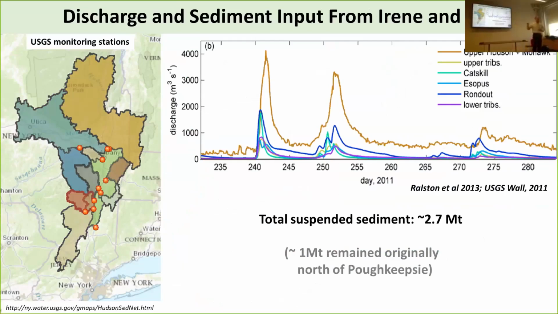You've seen all the brown in the previous satellite image, but over 1 million tons of sediment was basically somewhere north of Poughkeepsie. The question was, where is it? Because it wasn't really supposed to be a big depositional area north of Poughkeepsie, and so, with help from the Hudson River Foundation, we went on the quest to find if we can identify where the sediment might be.